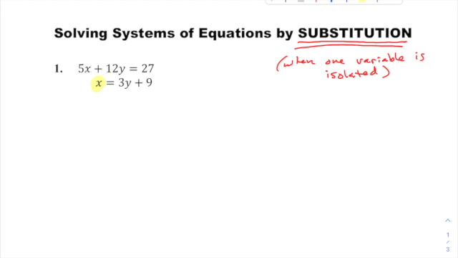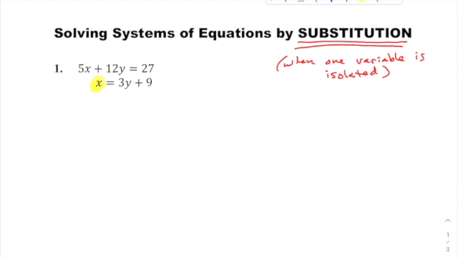So, if you don't have that right off the bat, but it could be easily isolated, you could do what we're about to do. So here's the deal. If x in this system is equal to 3y plus 9, I'm going to go to the other equation, the first equation, in this case 5x plus 12y equals 27.